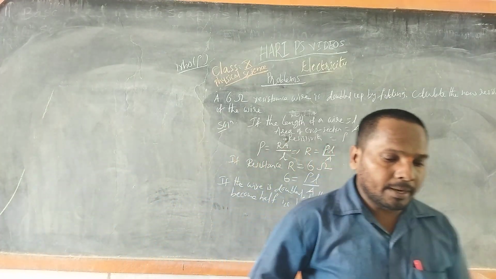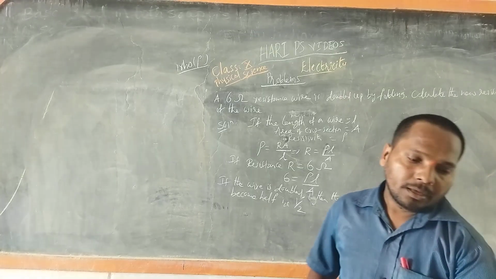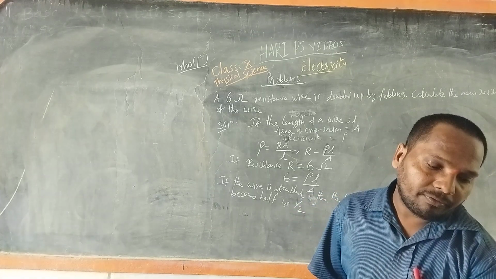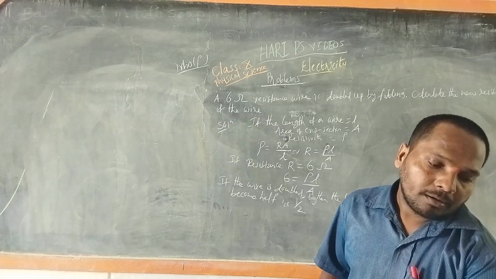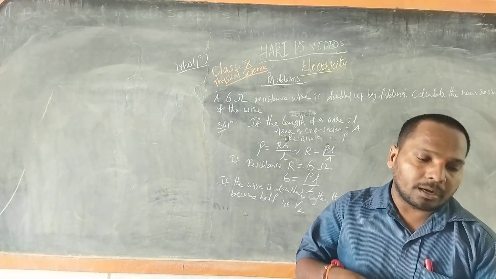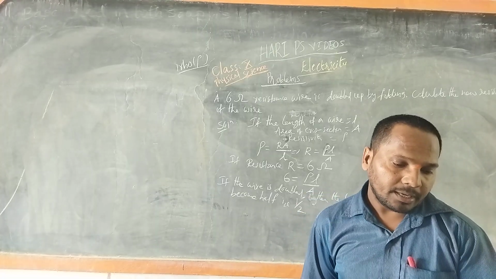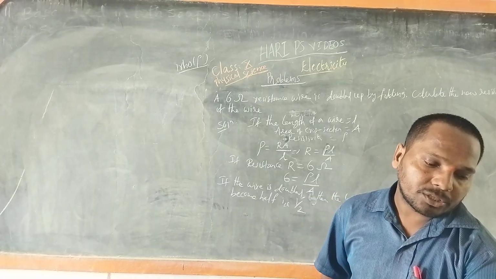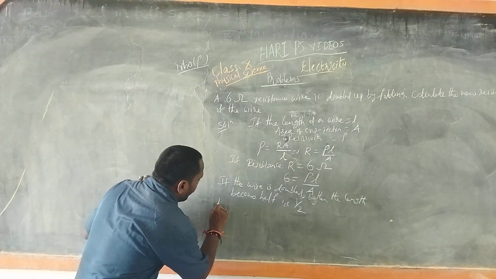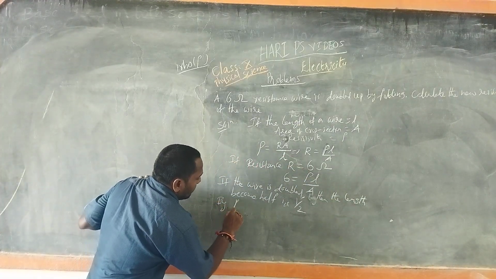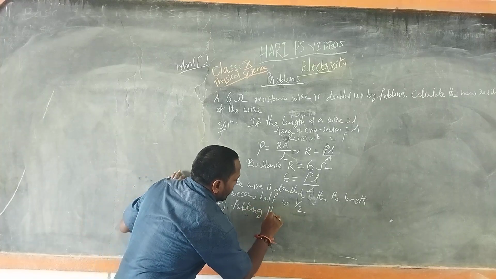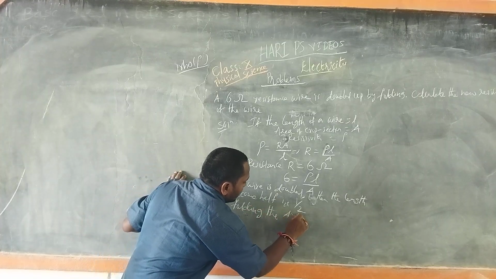But on folding, for doubling the wire by folding, its area of cross section will become double. That is, the area of cross section will become 2A.